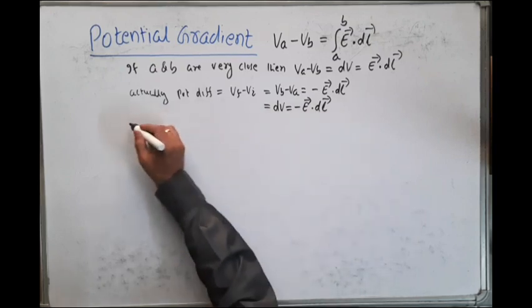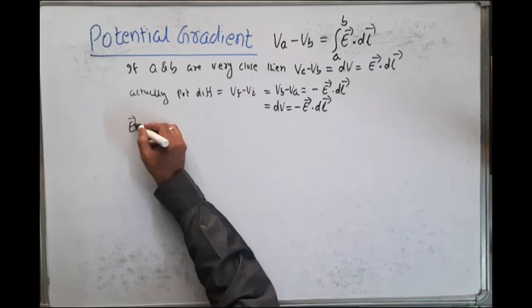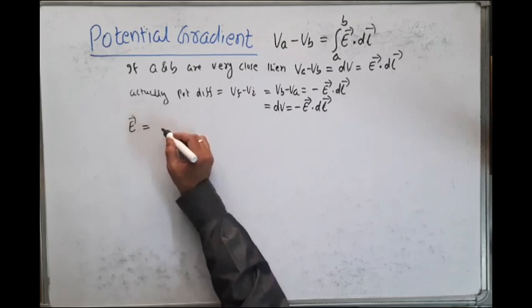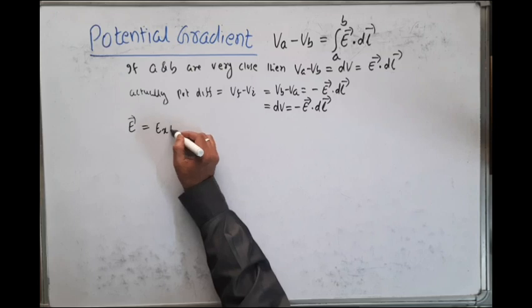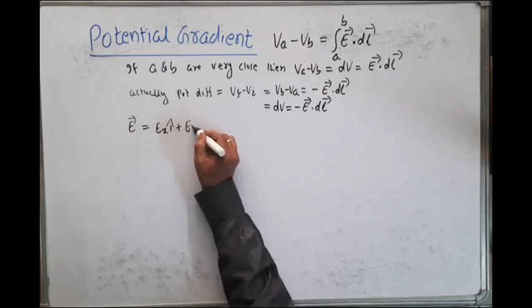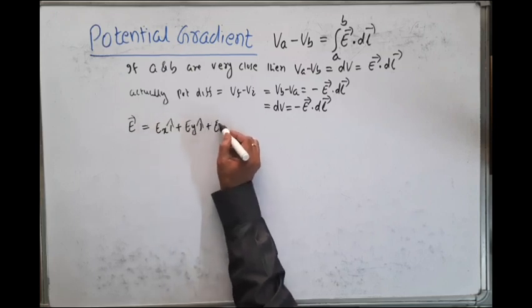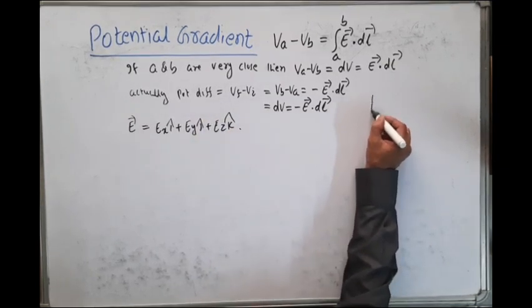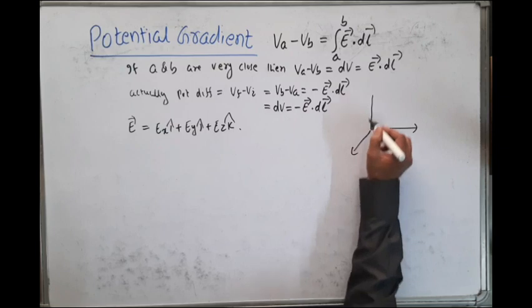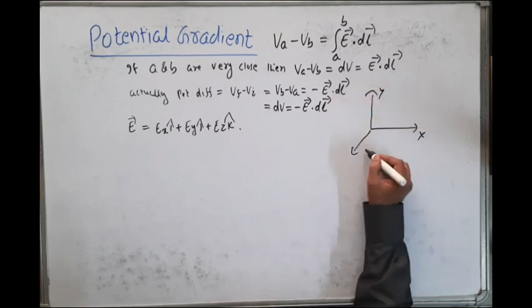Now if there is an electric field in space, we can write the electric field in component form, that is Cartesian form. So the electric field intensity has an X component, Ex i cap, a Y component, Ey j cap, and a Z component, Ez k cap. Similarly, this is the Y axis, this is the X axis, and the Z axis.